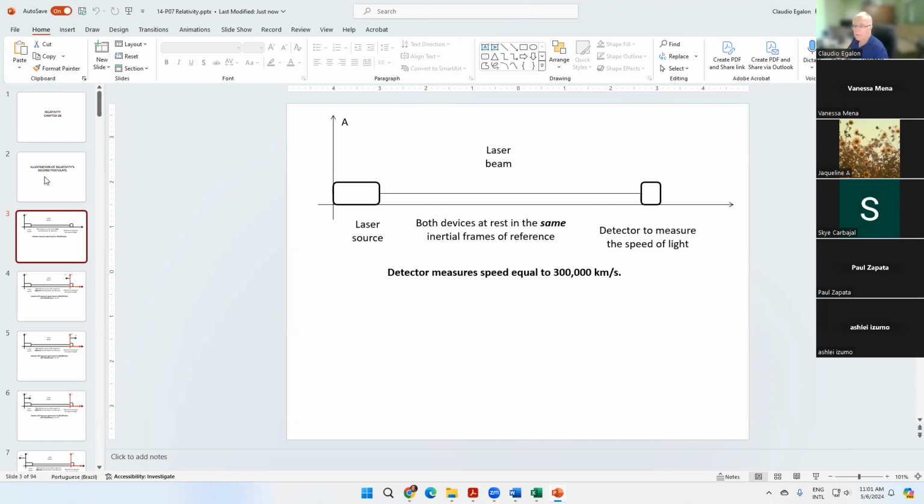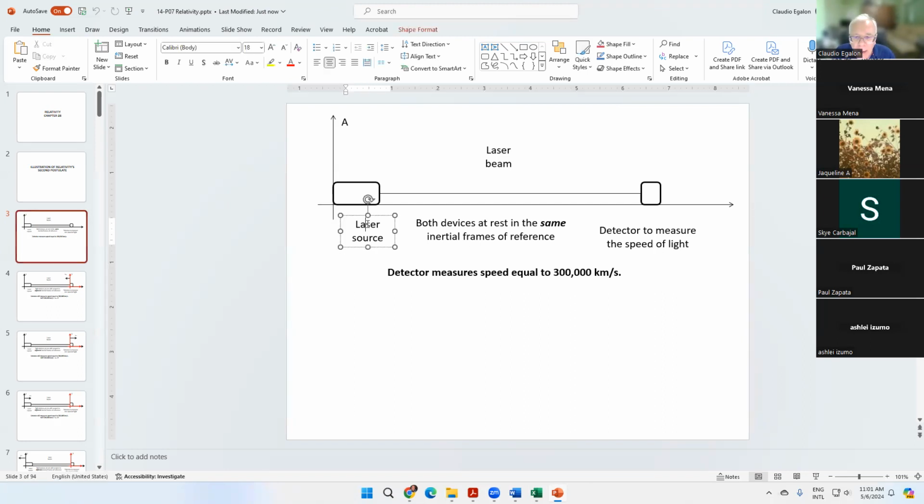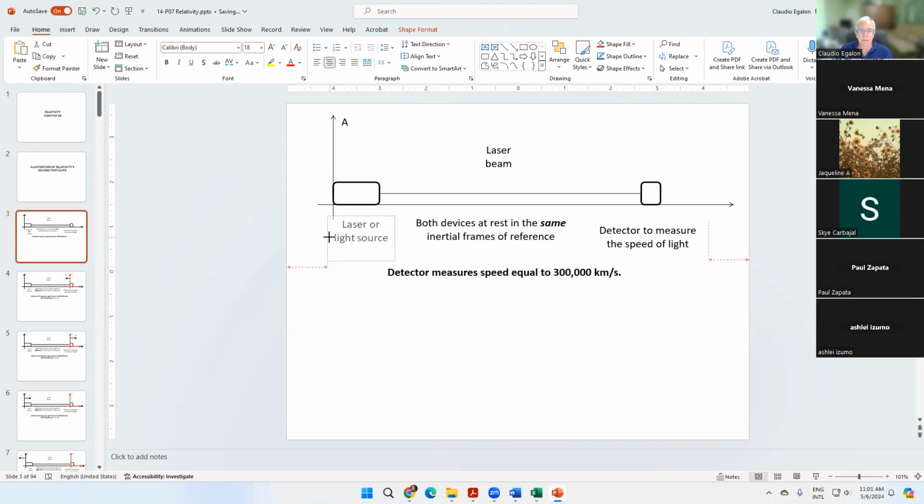I have a laser pen right here in my hand. It doesn't have to be a laser, it can be any light source.